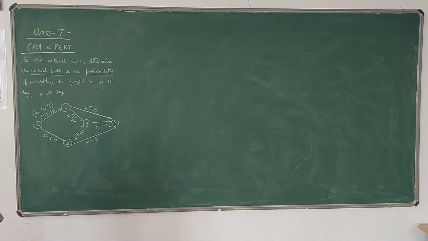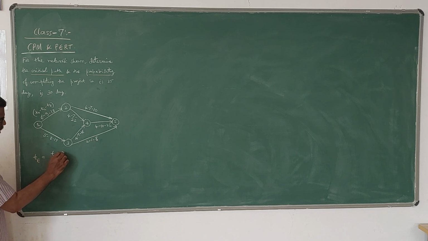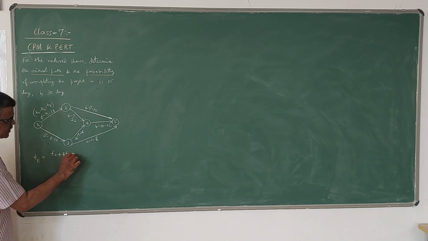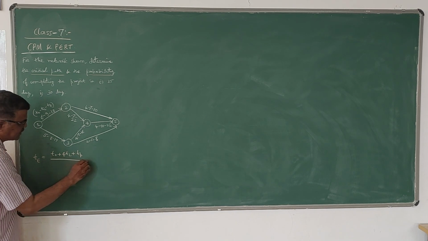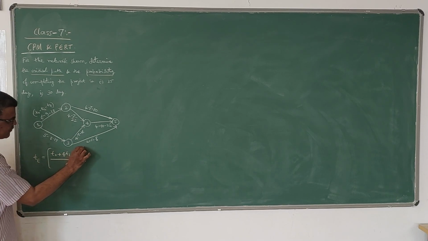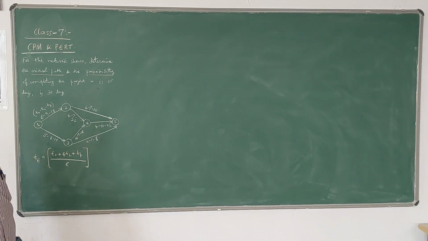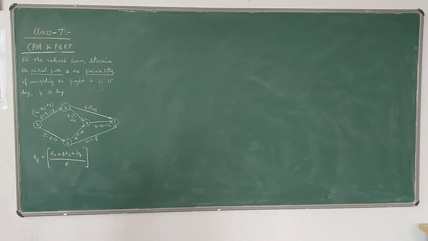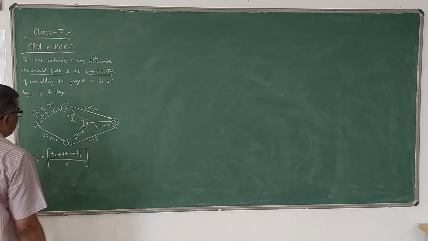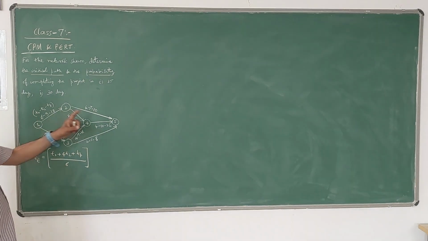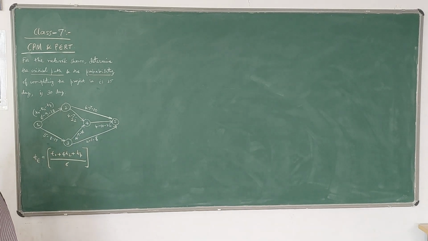Once T0, TL and TP are given, we can find the expected time TE using the formula T0 plus 4TL plus TP divided by 6, a weighted average. This is the first formula we have to use, because TE is not given. We have to find TE for all these activities.